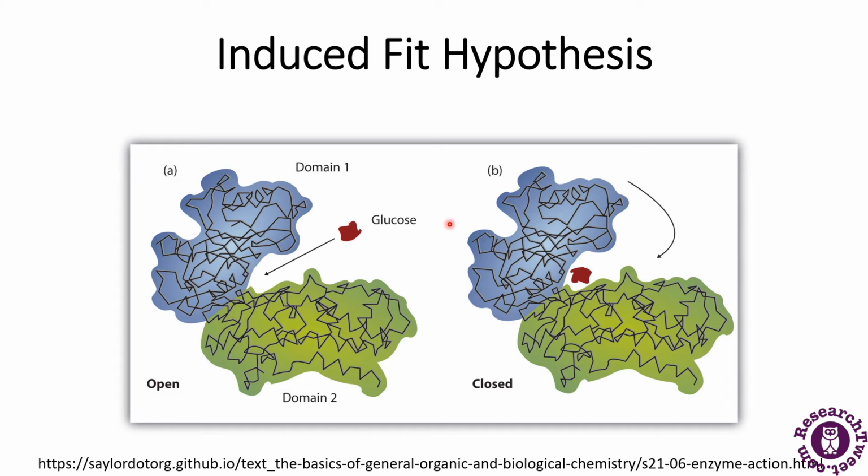Here you can see there is a domain 1 and a domain 2. The first one is the open form, where domain 1 and domain 2 are open, and the second one is the closed form, in which there is a glucose molecule inside these domains. This is the closed figure which is being shown.